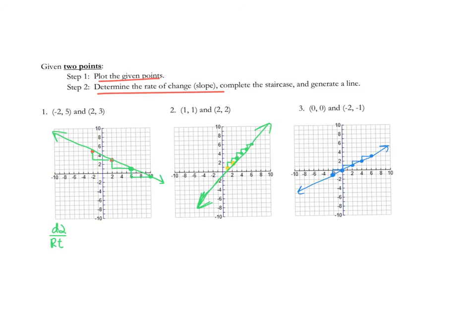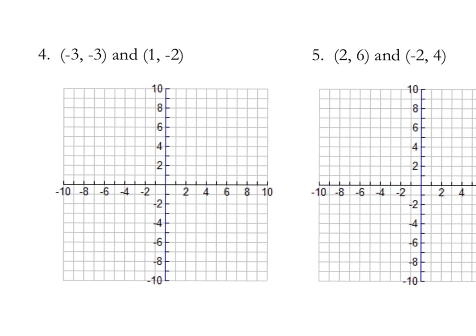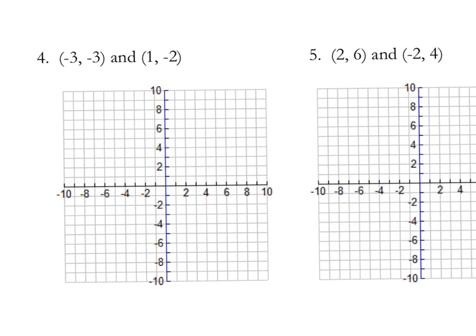Last stuff. Here we go. Negative 3, negative 3, and positive 1, negative 2. Remember, it's x, y. And let's see what the slope is. Up 1, right 4.